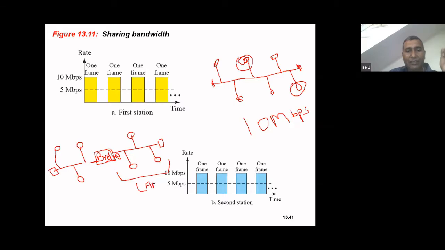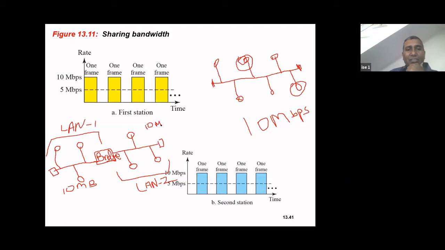I can call this LAN 2, and this I can call LAN 1. LAN 1 will have 10 Mbps, and LAN 2 will also have 10 Mbps.